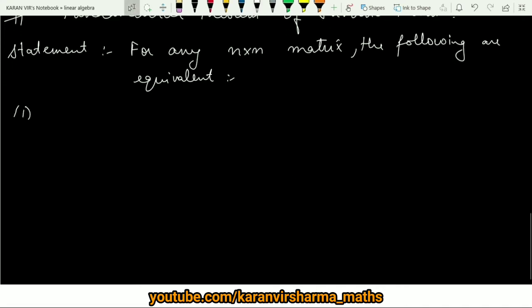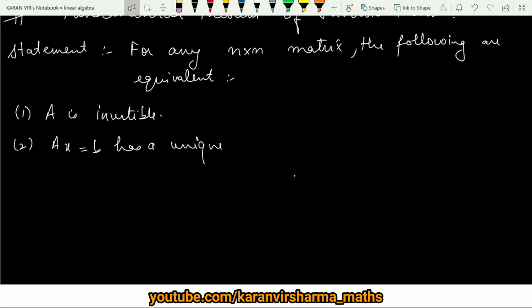The first statement is A is invertible. The second statement is Ax equals b has a unique solution for b coming from Rn.